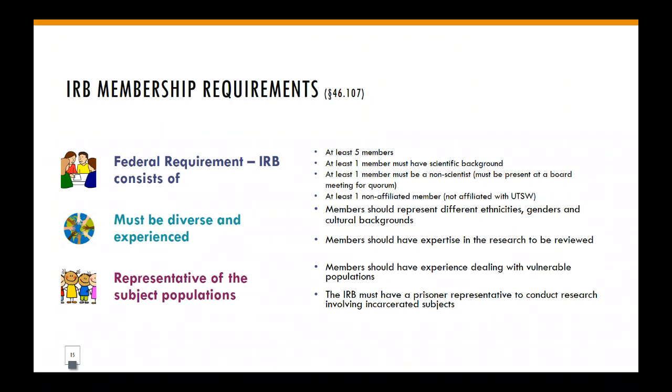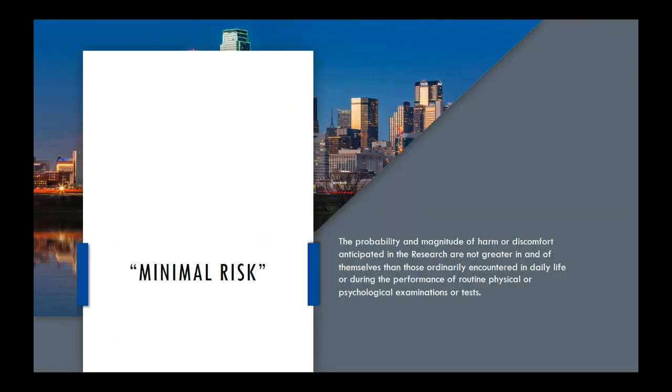Let's talk about the IRB levels of review. One important thing to remember is our starting point for any review is we have to determine whether or not the study is minimal risk, no risk, or more than minimal risk.